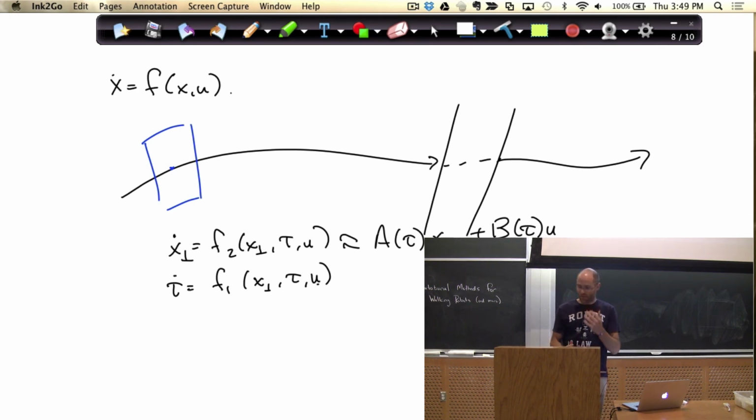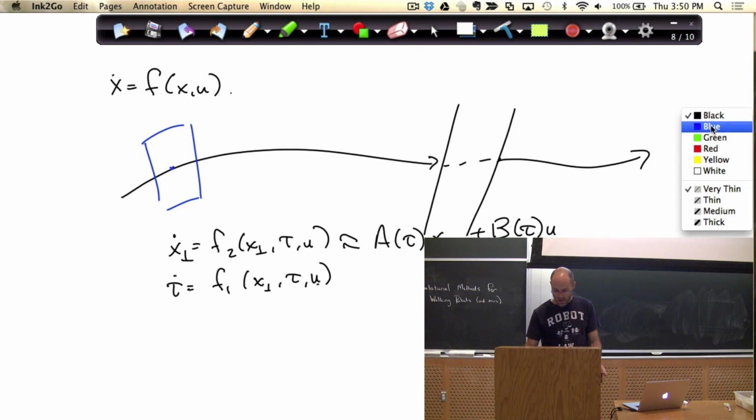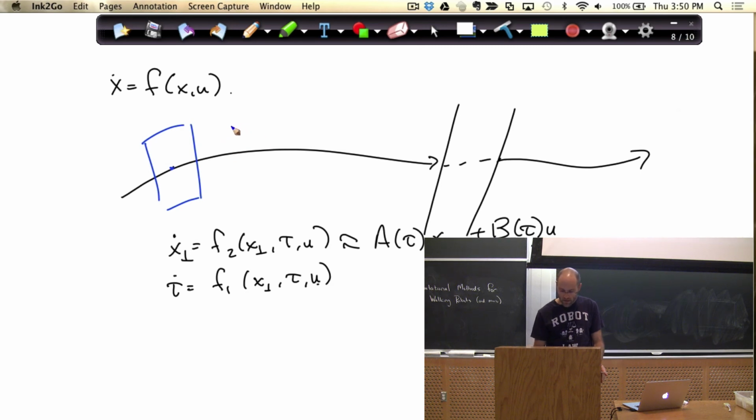But let me try to convince you that this is an idea that might have power beyond even periodic solutions. One of the annoying things about LQR and time-varying linearizations is that if I have some state here and I'm trying to track some trajectory, and I'm off my trajectory and I get a little bit behind in time, the TVLQR we've talked about so far is trying to make this error go to 0.